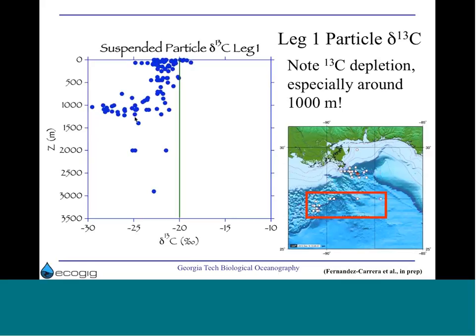Now, this is interesting, and in fact, these samples were collected in a region where we know that there was a deep plume of oil and gas that moved to the southwest at a depth of about 1,000 meters. So this is geochemical evidence for the movement of oil and gas carbon into the base of the food web.